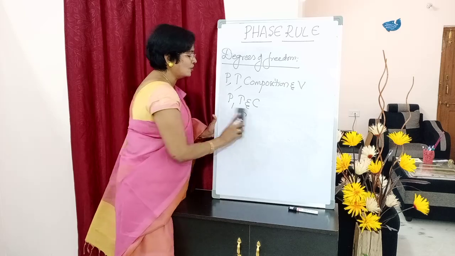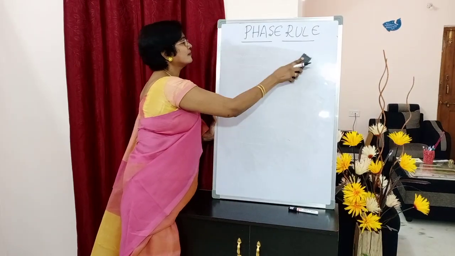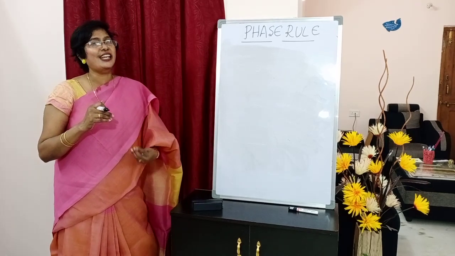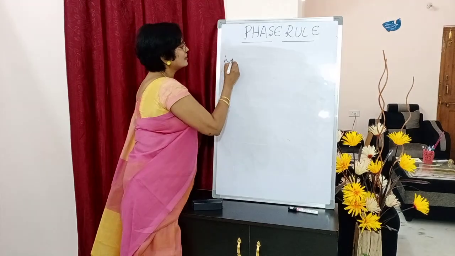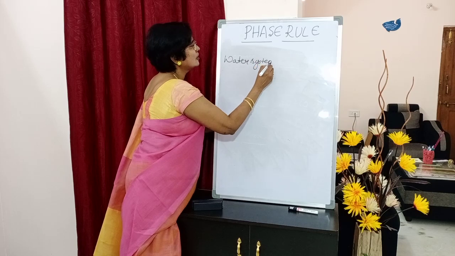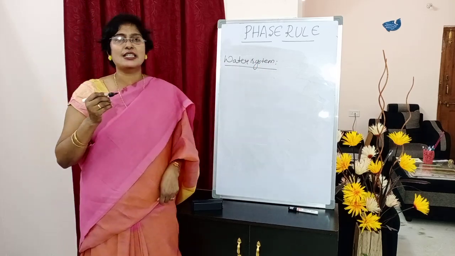Now, I will tell you what degrees of freedom are. For this also, we will go from examples to definition. Okay. So, then it will be clearly understood. So, for example, students, taking water system. I told you water system can exist in 3 phases. What are they?